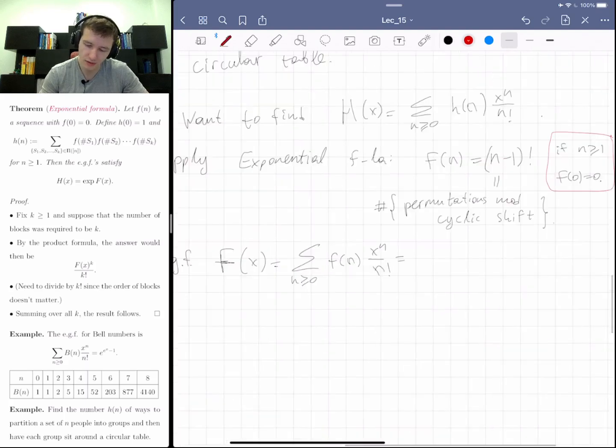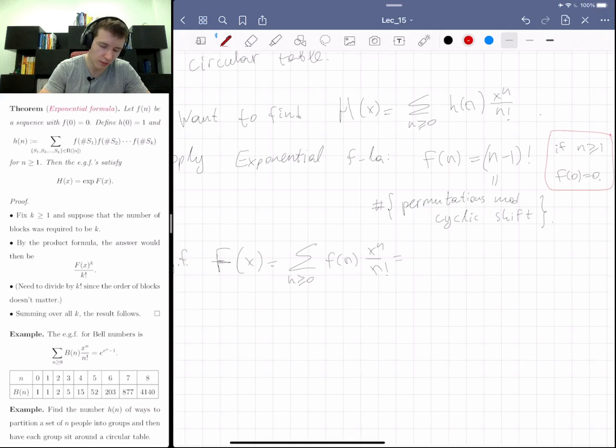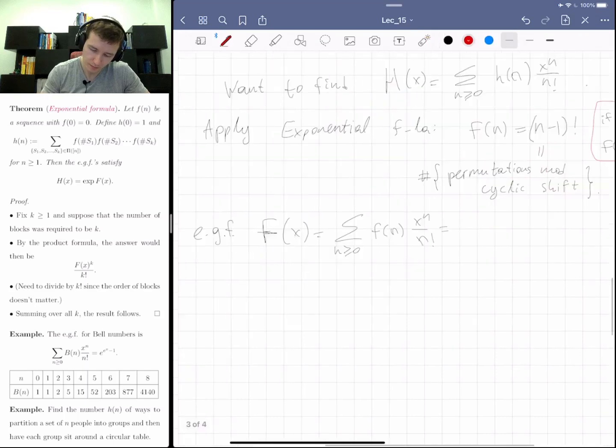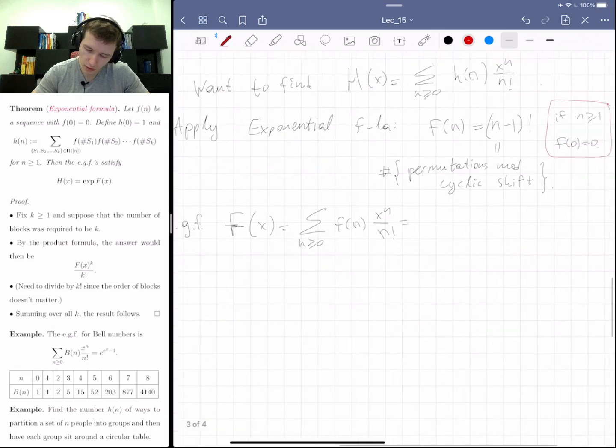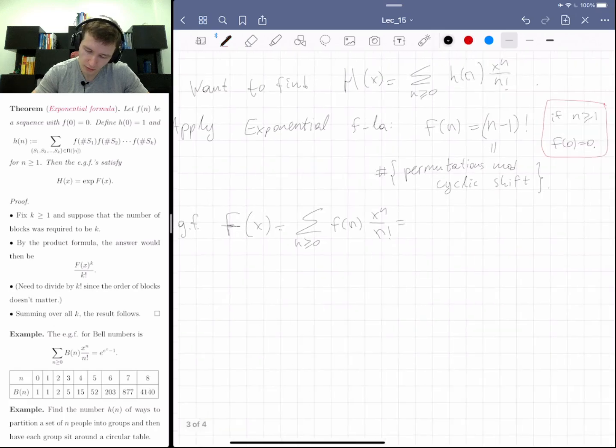It doesn't really matter, but to apply the exponential formula, I need to set f of 0 to be 0, which is sort of consistent with it being minus 1 factorial. Anyways, I have this exponential generating function, which is just the sum for n greater than or equal to 1 of x to the n over n.